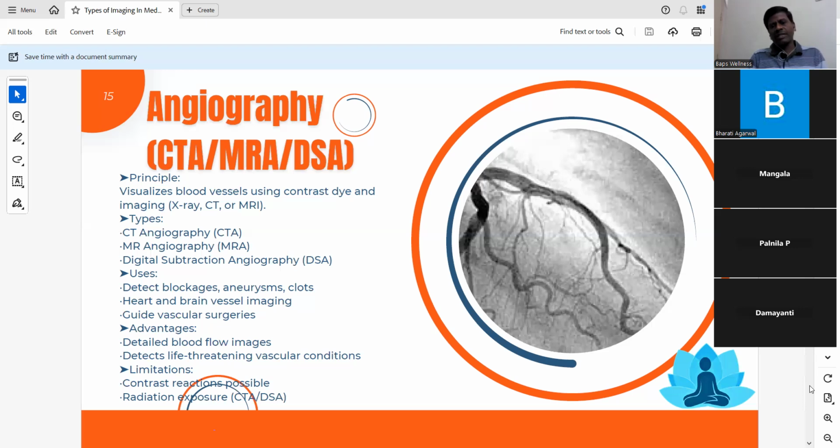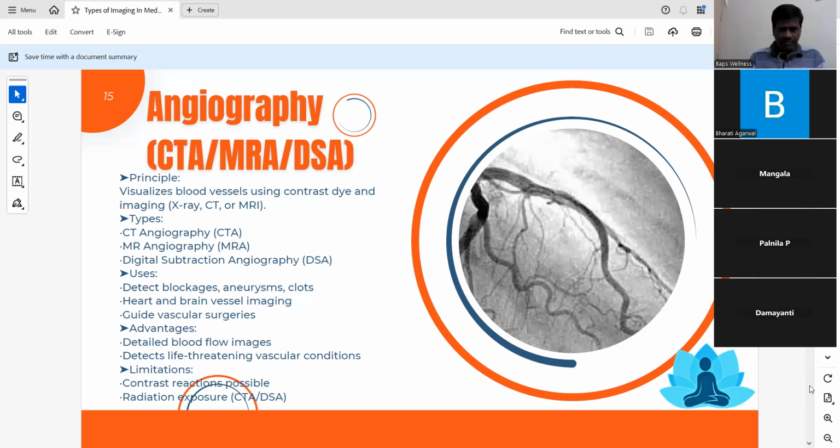This is used to detect any blockages or aneurysm. Aneurysm is a bulging of the blood vessel where the wall of the vessel is weakened, and it comes like a balloon.